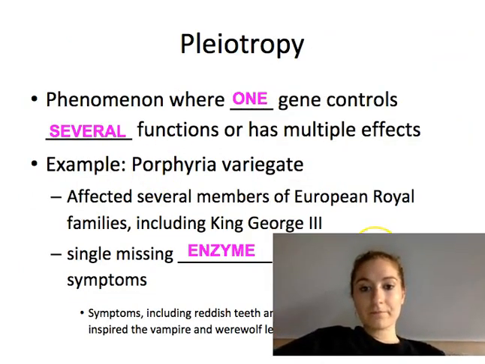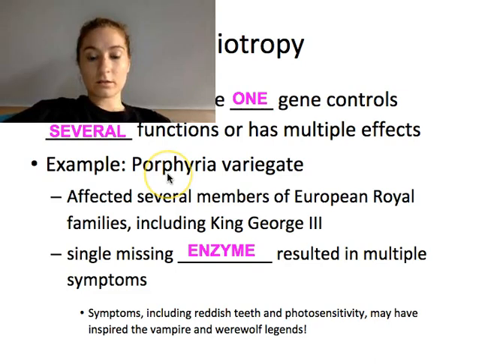All right, pleiotropy. It's a phenomenon where one gene controls several functions or has multiple effects. So for example, I always say this wrong, but porphyria variegata. That affected several members a long time ago, and it's a disease where a single enzyme is missing, and because of that enzyme being missing, it results in a lot of symptoms.